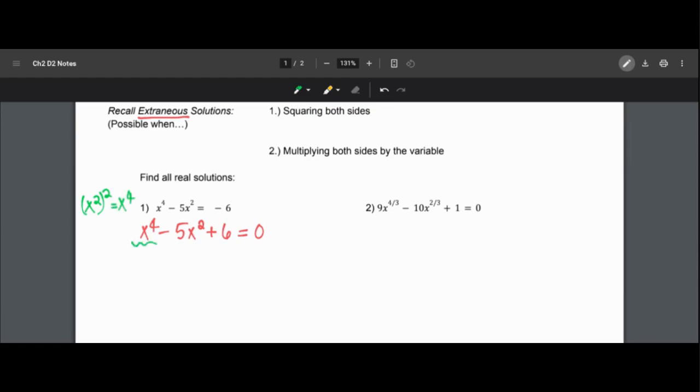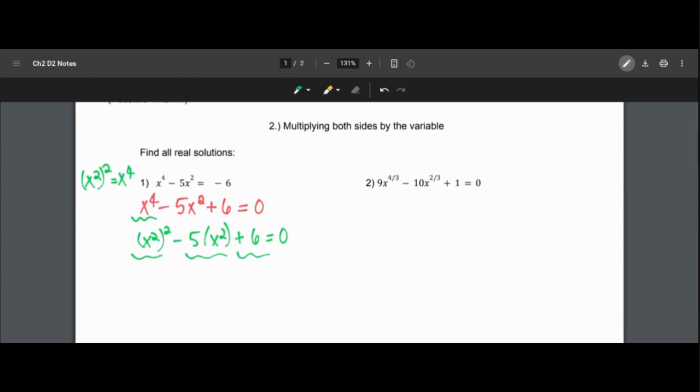So this is something being squared, then I have negative 5 times that something, and then plus 6, a constant. So I have a squared term, a regular term, and a constant term with no variable. It's basically in quadratic format, so you can treat it like a quadratic.